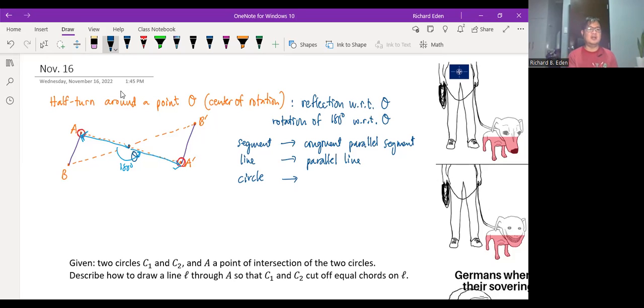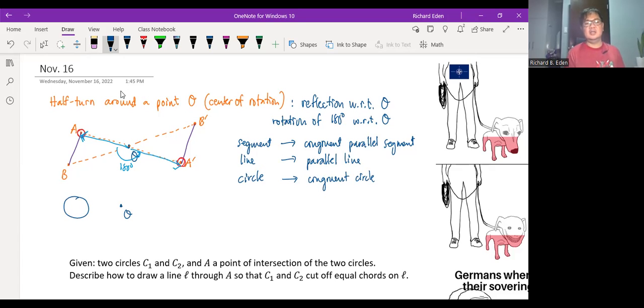The circle itself is being rotated about a point O, so it'll just be translated, sort of. So the image is going to be a congruent circle.